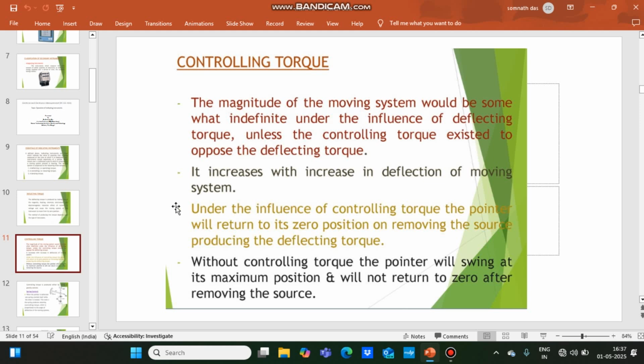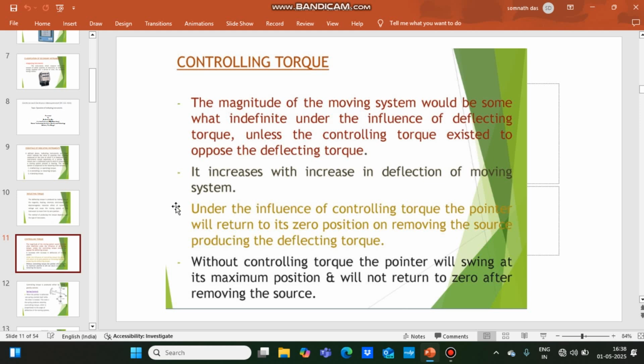Controlling torque is required to make a finite position of the pointer. Depending on the deflecting torque, the pointer moves over the scale and it goes to a final position. Without the controlling torque, what will happen? It may go to the maximum limit or maximum range of the display.